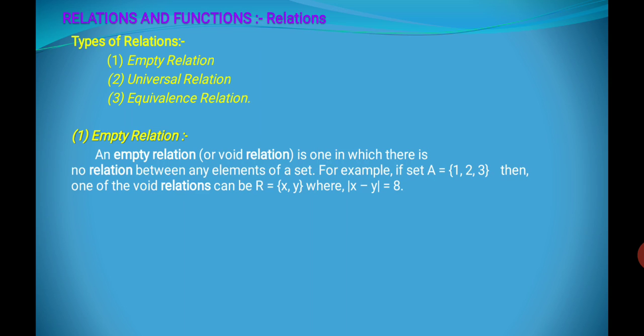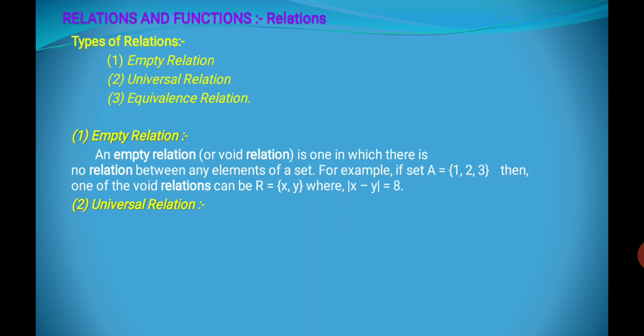Clearly, no difference between the members 1, 2, 3 is equal to 8. So, this is a void relation, or an empty relation. When we subtract 1 from 2 or 2 from 3 or 1 from 3, there is no answer of 8. So, this is a void or empty relation.